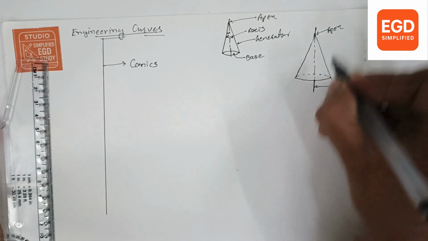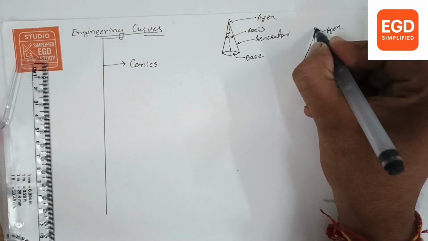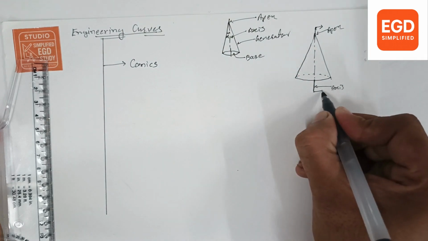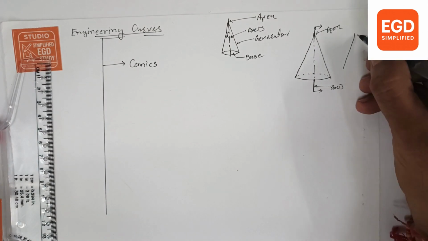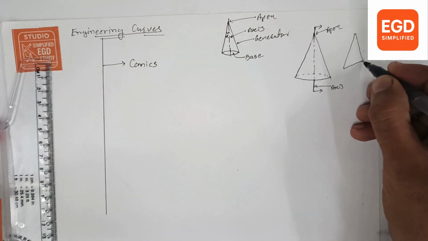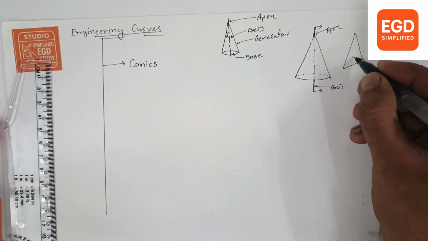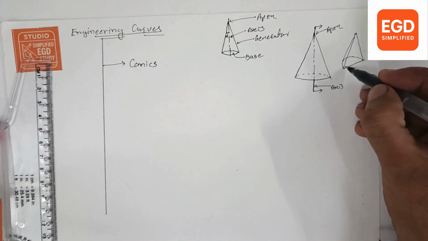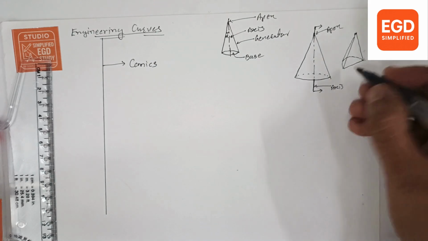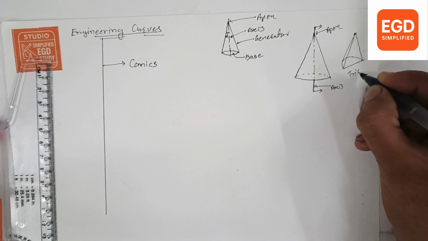I have darkened this center line and shown the arrow that indicates the portion we have removed. So how will it look? It will look something like this. Here the entity generated is called a triangle.